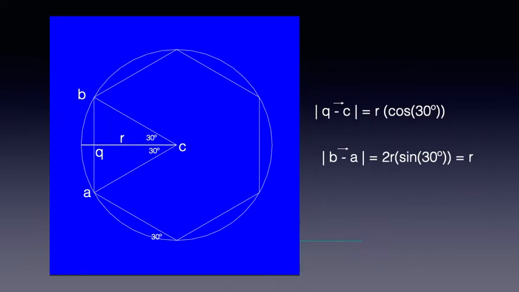Now, the distance between A and B, well, that's twice the distance between Q and B. So back to trigonometry, 2 times r times the sine of 30 degrees. Now it turns out that the sine of 30 degrees is 0.5, so what ends up happening is an edge is the same length as the radius.